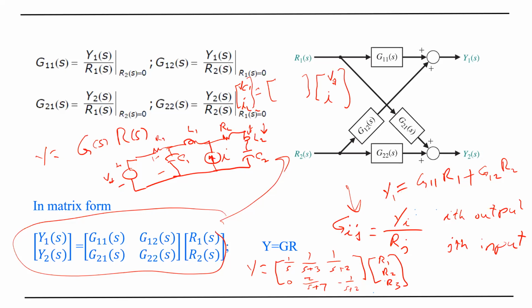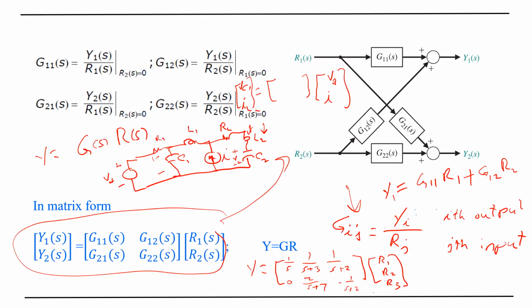Now suppose I want to add the voltage VC2 across here. How many outputs am I going to have? 3 outputs. And how many inputs? 2. The inputs remain the same.